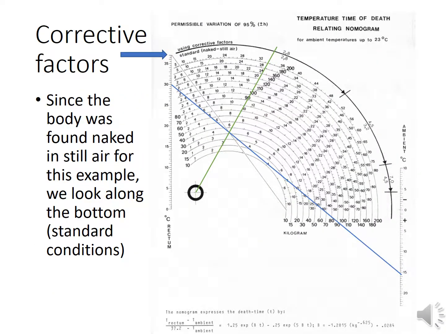All right, so we mentioned earlier that we have those corrective factors up along the very top, and then underneath it, it says standard, which was naked in still air. So this time we had the body found naked in still air, so we're using the standard conditions, but we still have error inherent. And notice in this part of the nomogram, it actually didn't matter because either way we have 2,8, whether we're using corrective factors or not.